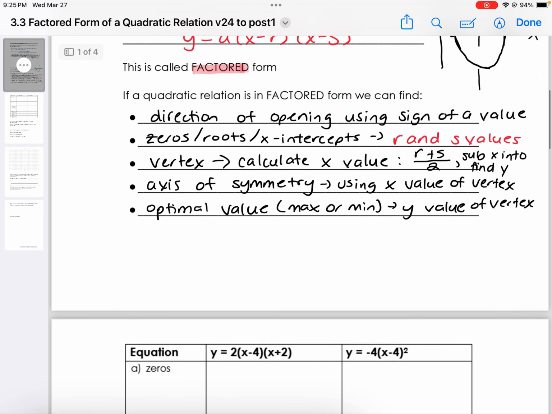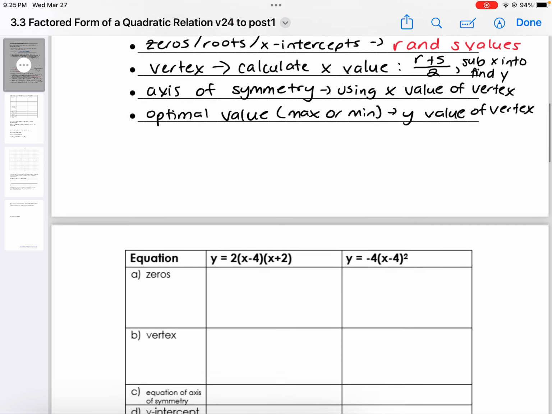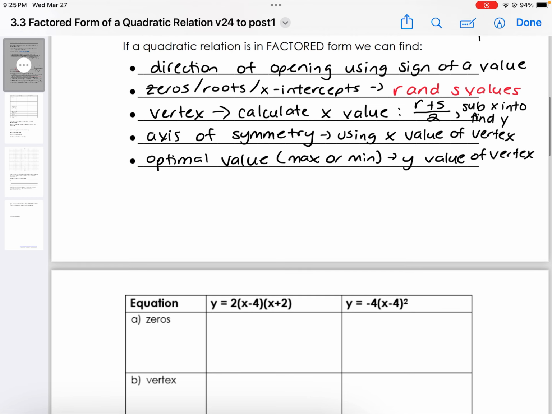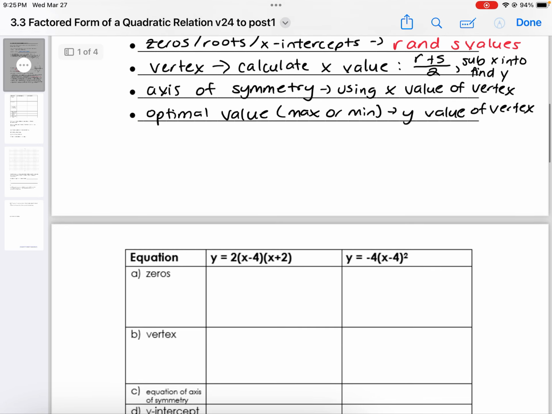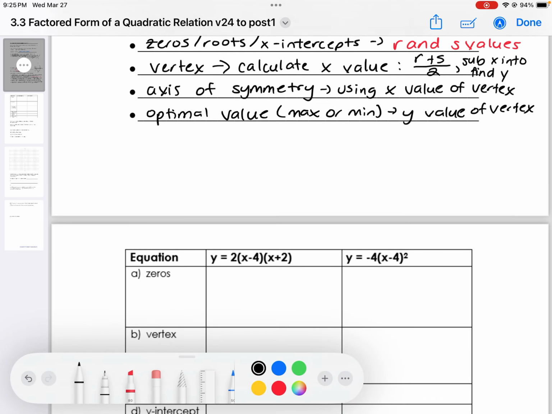Okay, so let's use these strategies to help us. And in this question, I actually decided to not start with a graph. So let's look at what happens when you have the equation.